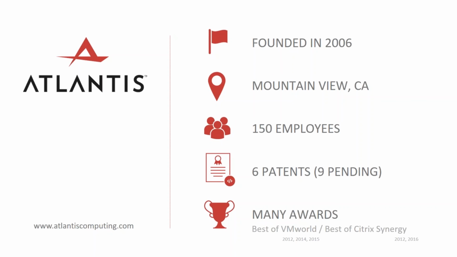So with Atlantis, the company was founded in late 2006 and we're based in Mountain View. That's where I'm based as well. Currently, we have around 150 employees. The key things about our technology are our patents, and a couple of patents pending, primarily around inline deduplication, where we have that storage in memory. So the VM that we were running all those tests on was pretty much running in memory.